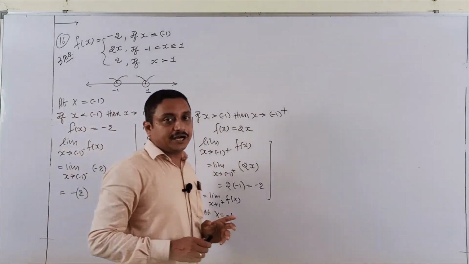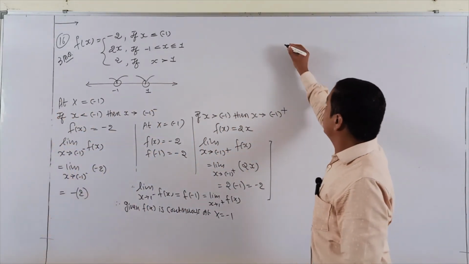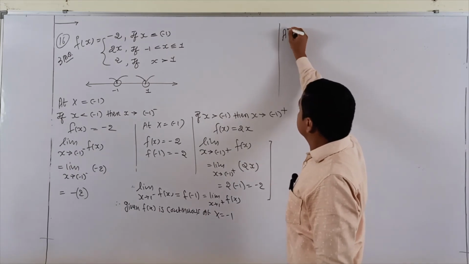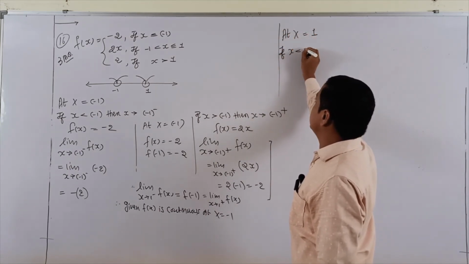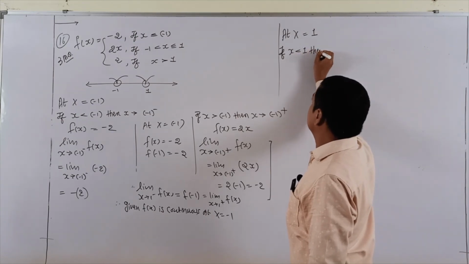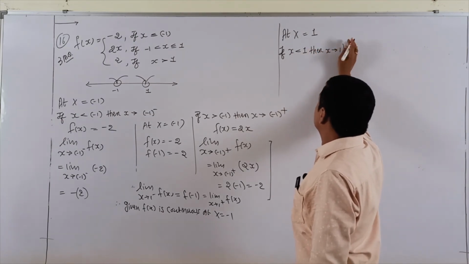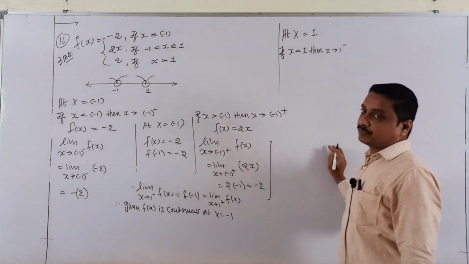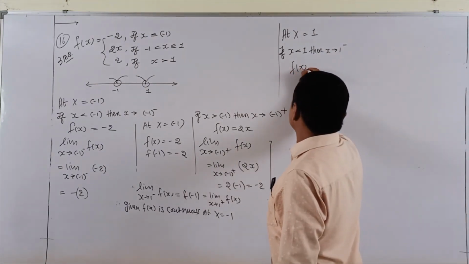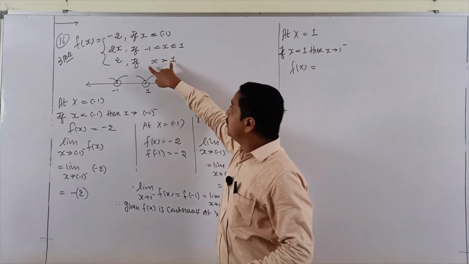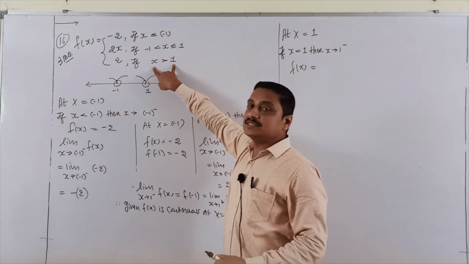Now I am checking x is equal to 1. At x is equal to 1, in the same way, if x is less than 1, then x tends to 1 negative. And what is the function? Yes, for 1 negative the function is here or here.